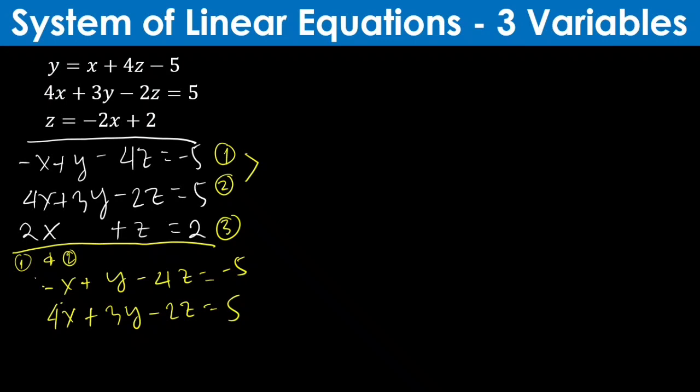I'll multiply equation 1 by negative 3. So this is now 3x minus 3y plus 12z equals 15.